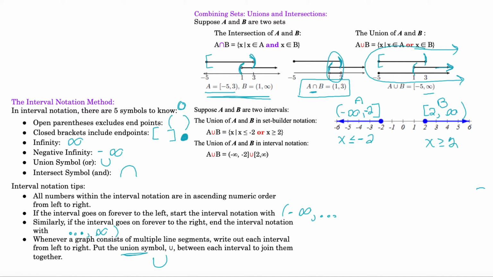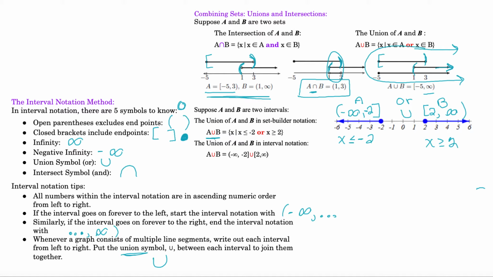So let's find the union of both of these written in set builder notation. A union B is equal to, again, set builder notation, we start with a bracket and we say x such that x is less than or equal to -2, or, because I'm combining them together, x is greater than or equal to 2.